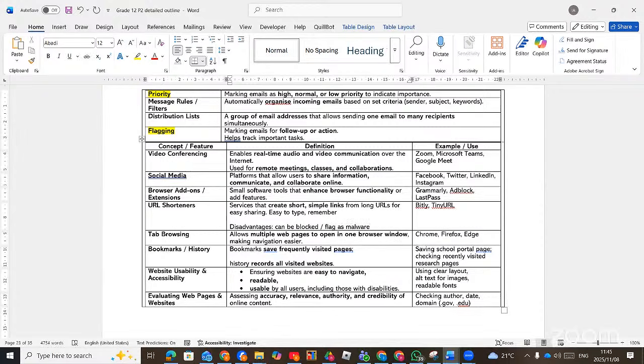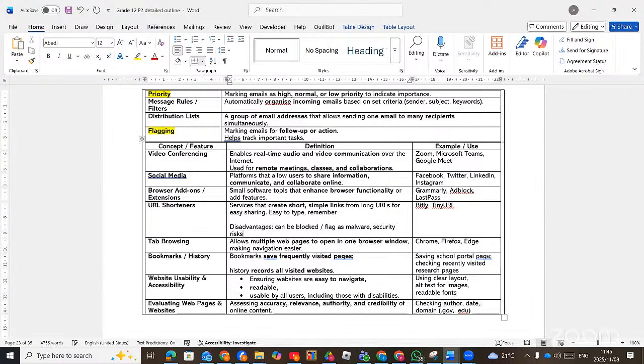So that's a disadvantage. Sometimes you want to go to it and most networks will block it. And then also there is security risk. Security risk, those are the disadvantages of a URL shortener.